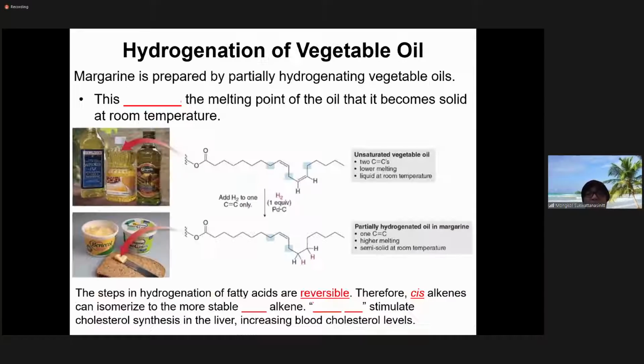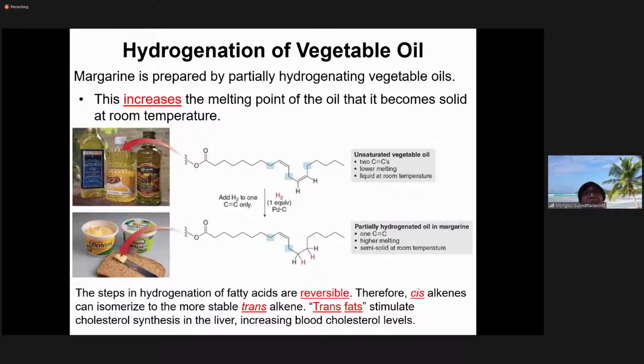So sometimes you get competitive reaction of rotation and elimination of hydrogen, and you get some trans alkene as a competitive product.